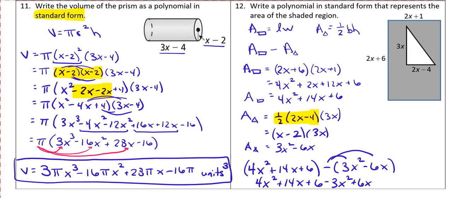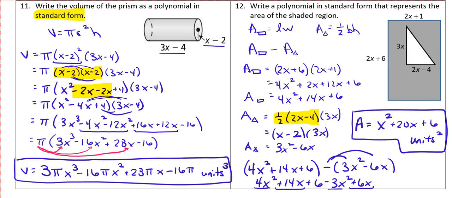A lot of students make silly mistakes there. So our final answer would be 4x squared minus 3x squared is x squared. 14x plus 6x is 20x. And then plus 6, which is our constant. Okay, so that's what we have there. And then don't forget your units. This is units squared because this is an area. And there's our answer.